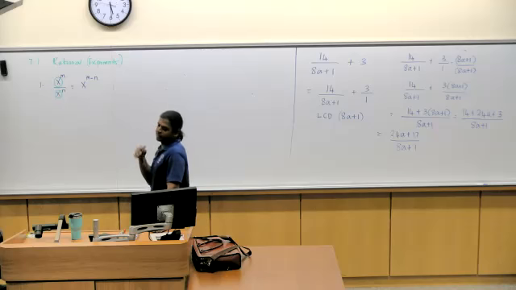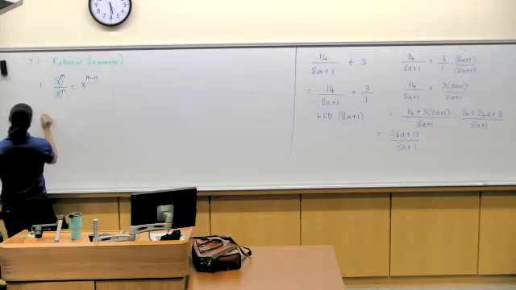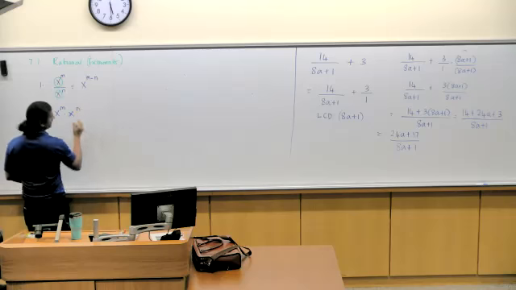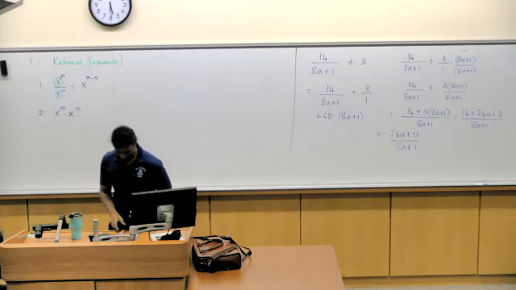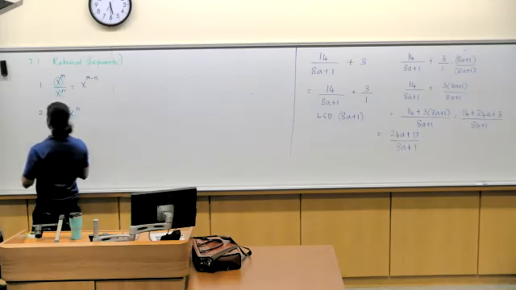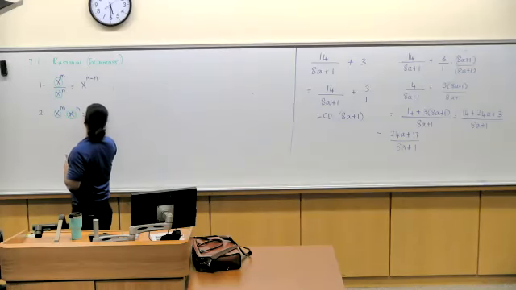But the key here is we must have a common base, which is x in this case. If I have a common base and I am multiplying two terms together, I will end up having x raised m plus n.